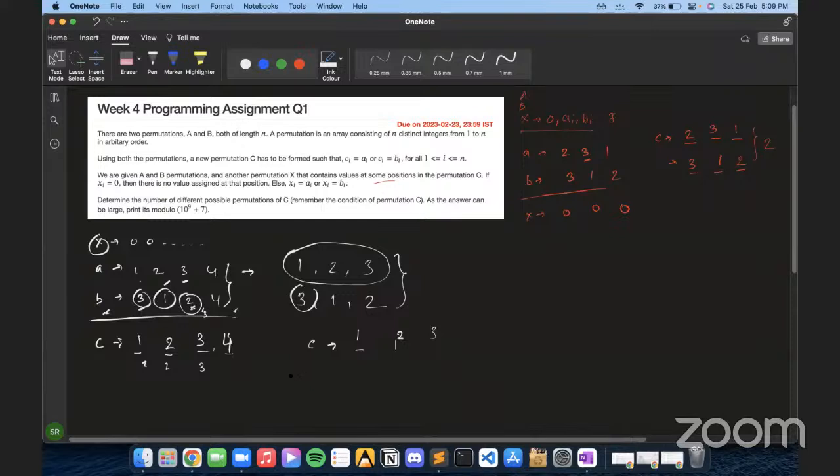So considering only the group of 1, 2, 3, if we fix 1 or we fix 2 or we fix 3, any of these in the permutation C, there will be only one resulting permutation.